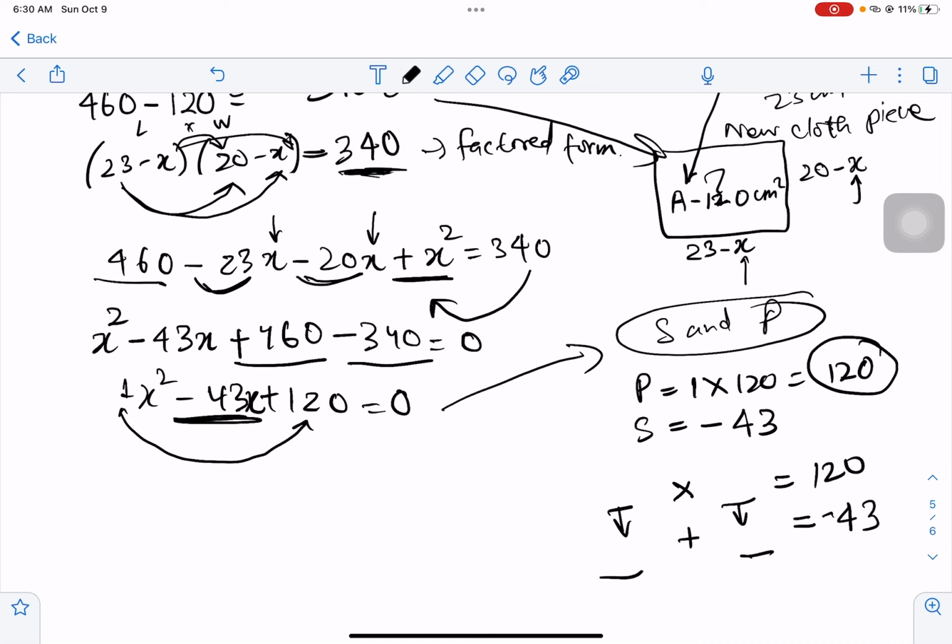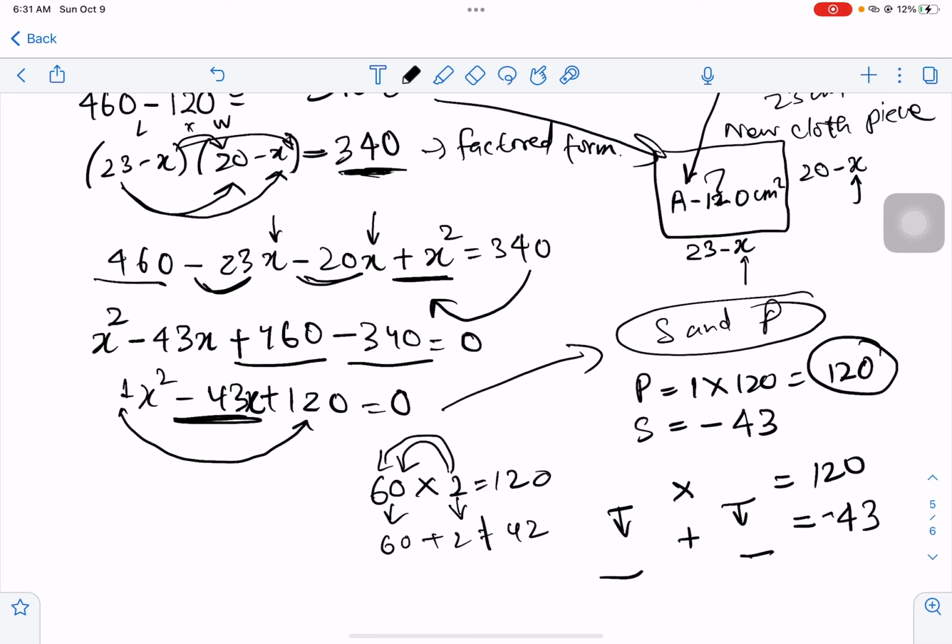So what are those numbers? To get 120 we have 60 times 2. But will these two give me 43? No, so it's not a good combination. Now try another: what about 40 times 3? 3 times 40 is 120, correct.